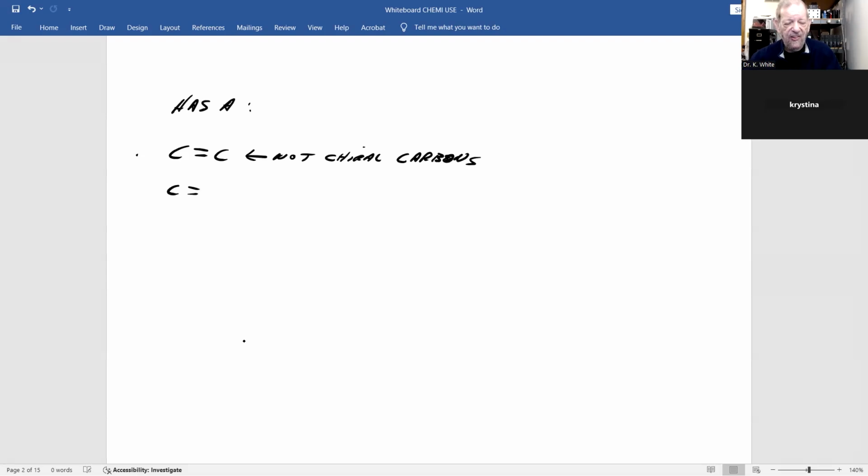Same thing with this. Again, this is not a chiral carbon. If it has 2 or more hydrogens, it's not.